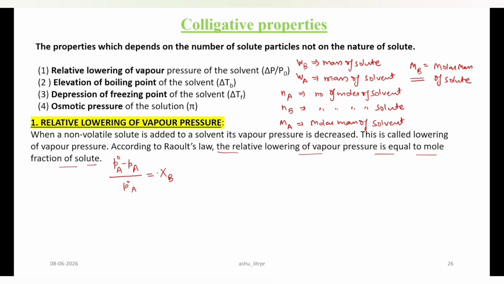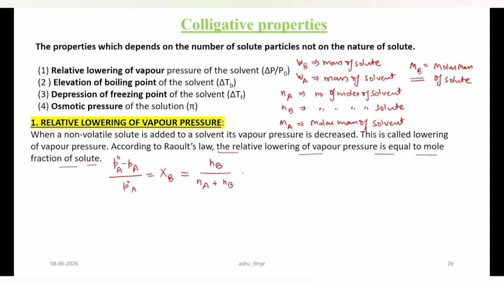Now when I'm writing Xb, that means it is mole fraction of solute. So this is the statement of Raoult's law. From here I can write Xb as number of moles of B divided by total moles, Na plus Nb, because mole fraction is number of moles of a particular component divided by number of moles of total component.